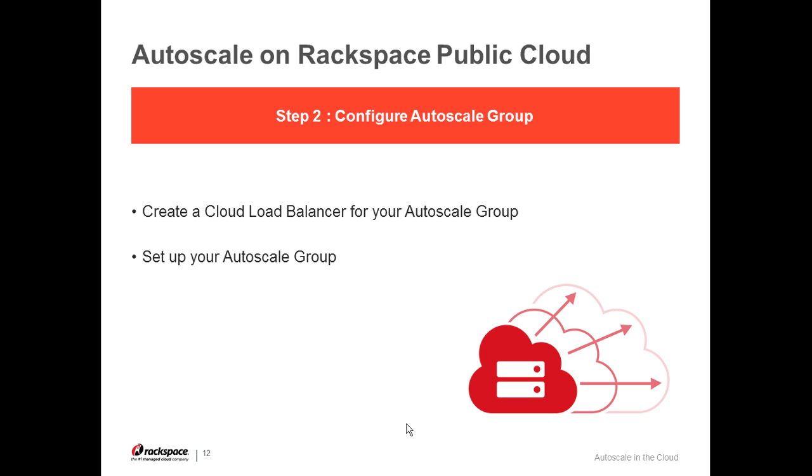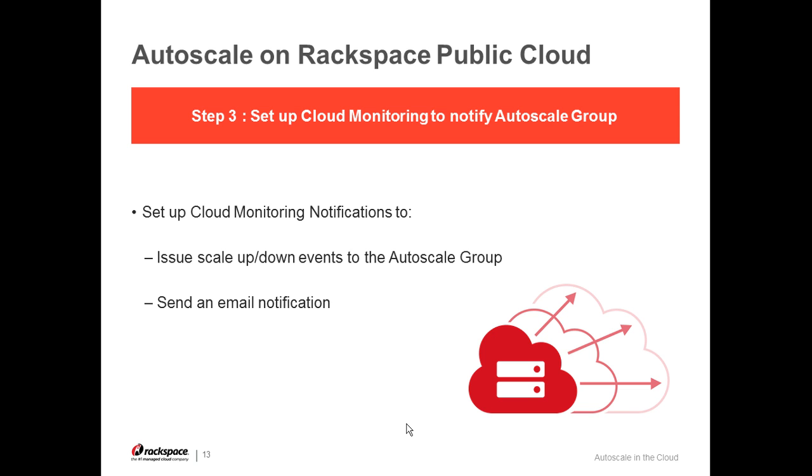And then the last step would be to set up your cloud monitoring to notify your Autoscale group. There are two concepts here that you'll need to be familiar with, when you're looking specifically at the Rackspace public cloud, and that is monitoring notifications and notification plans. A notification is basically just an endpoint for a monitoring alarm.